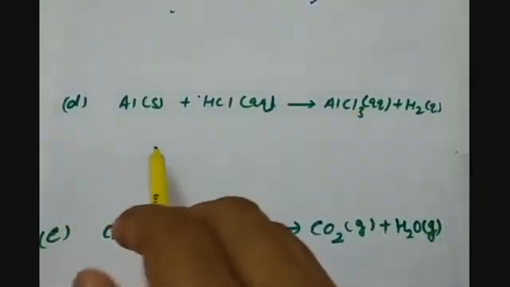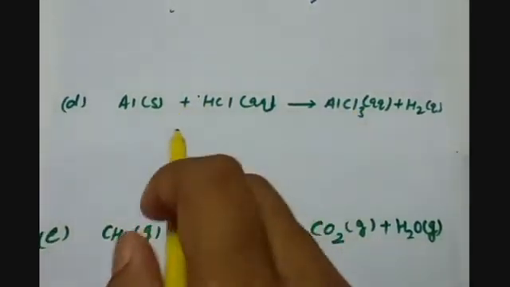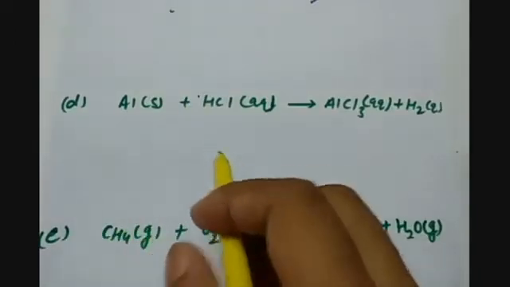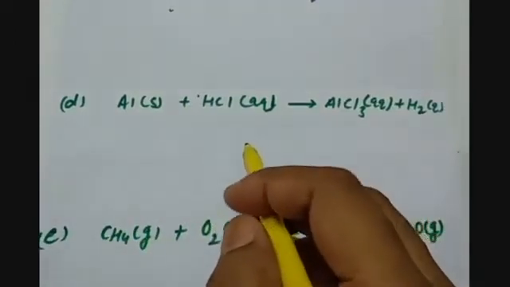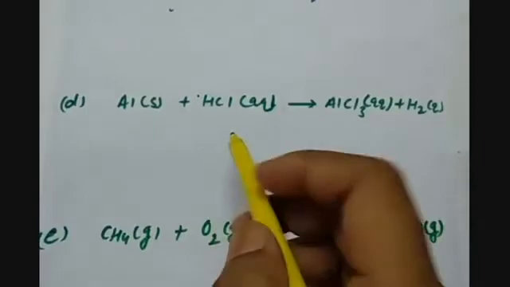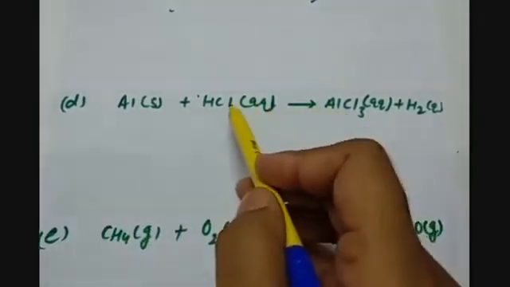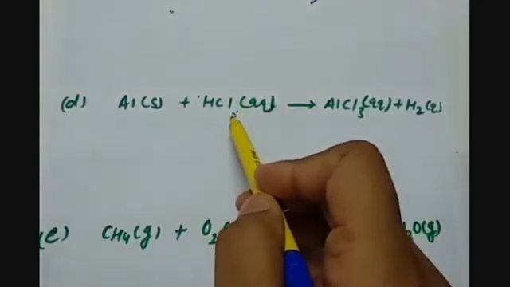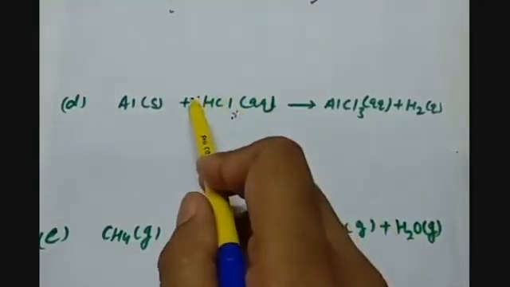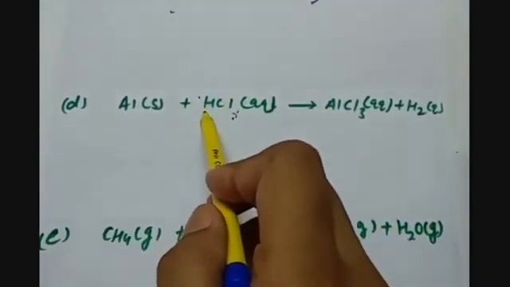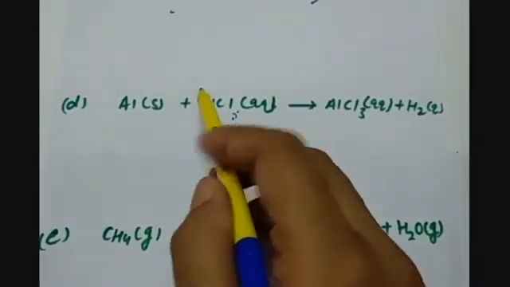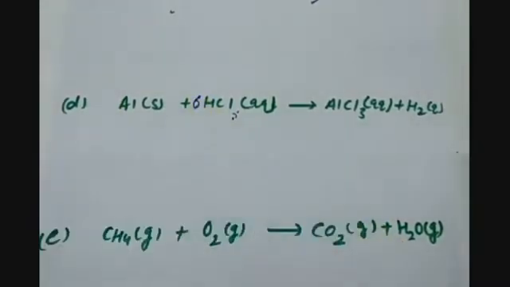So what are we going to do? Let us multiply it with 3, because here we want it to be 3, but if we multiply it with 3, then hydrogen will become 3 and it will be impossible to balance it. So let us make it double.